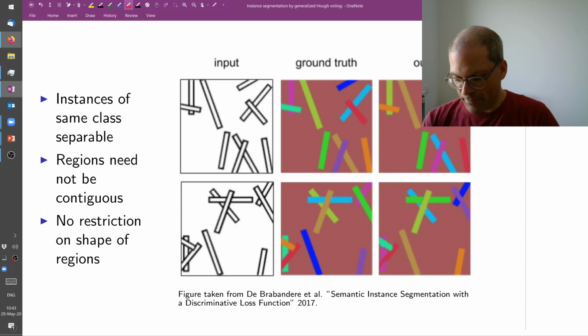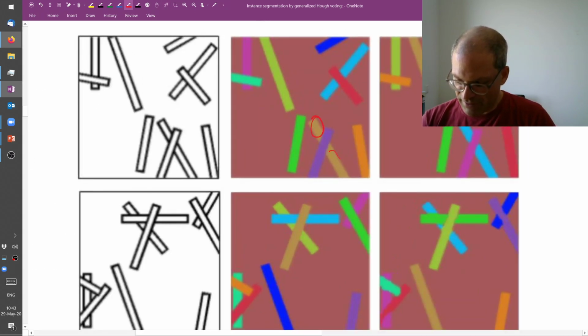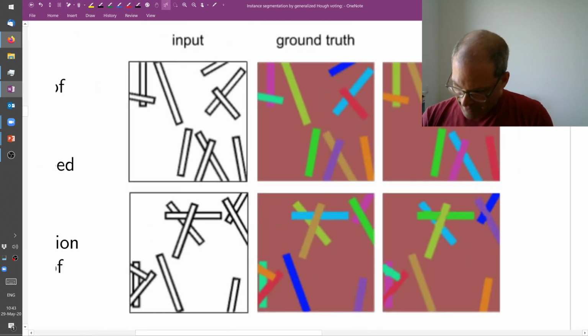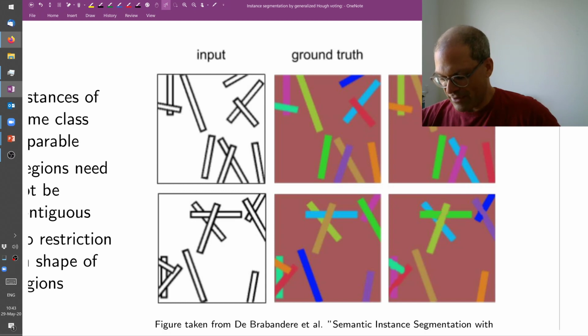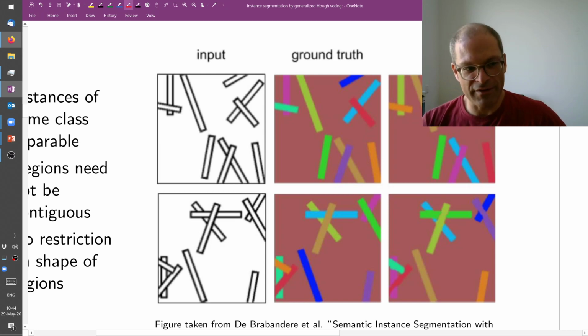So here, some ground truth is being used, and note that here and here, the ground truth has the same color. The color is arbitrary, but what matters is that it's the same. And then the neural network is trained to predict an embedding for each pixel, which is again visualized as color here. And you see that indeed very similar embeddings, very similar colors are being produced for these two halves of the same instance.